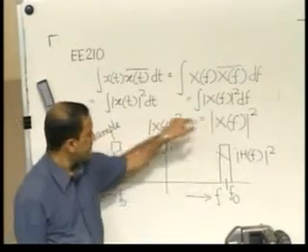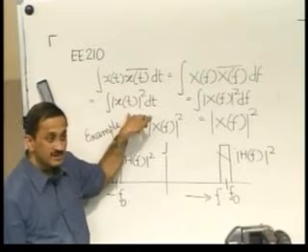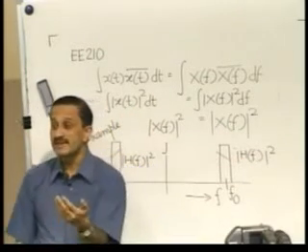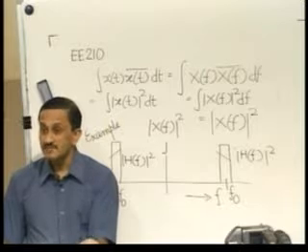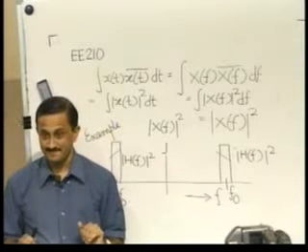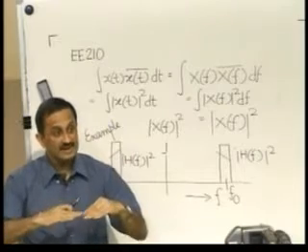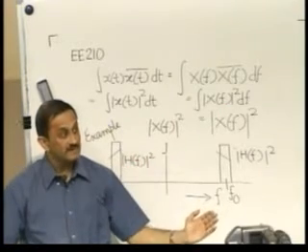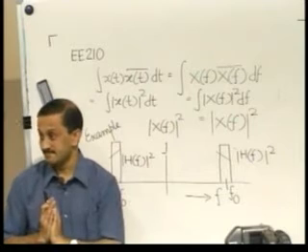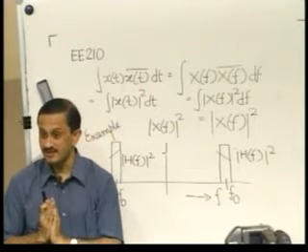And what this tells us is that the energy of the function is the same whether calculated in time or frequency. So we can also calculate the energy in the function by integrating mod X(f) squared. So that's the physical significance of the area under mod X(f) squared. It's the total energy in the function x(t) as a consequence of Parseval's theorem.